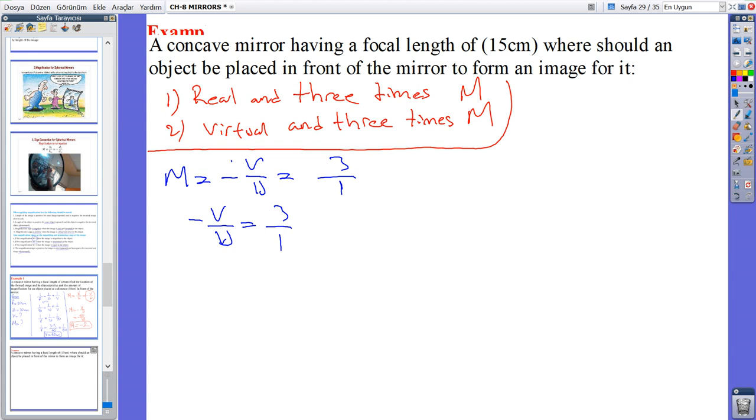If we cross multiply, v equals negative 3 times u. It means the image distance is 3 times farther than the distance of the object.